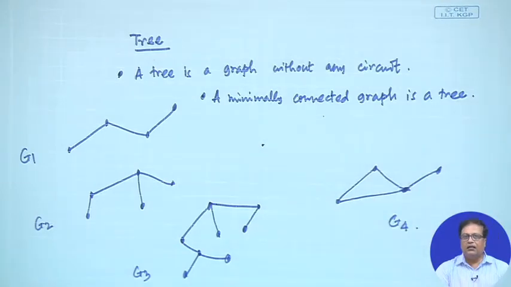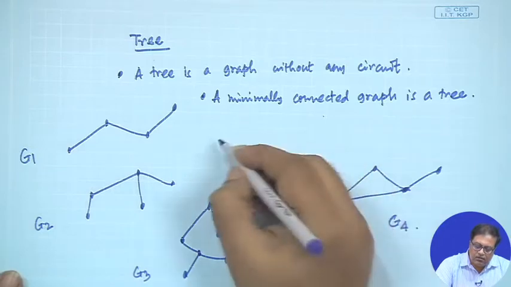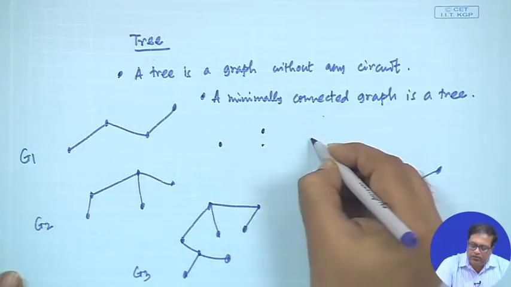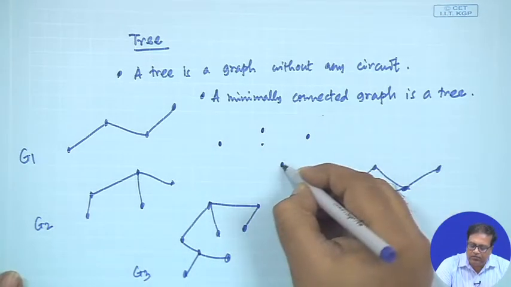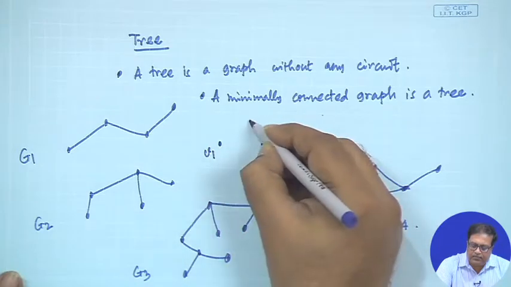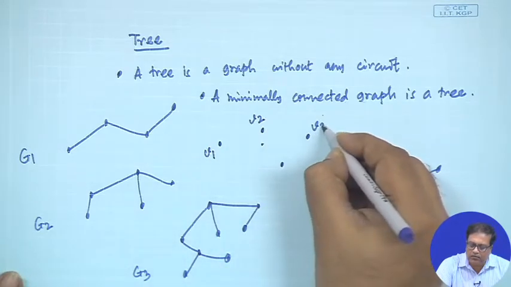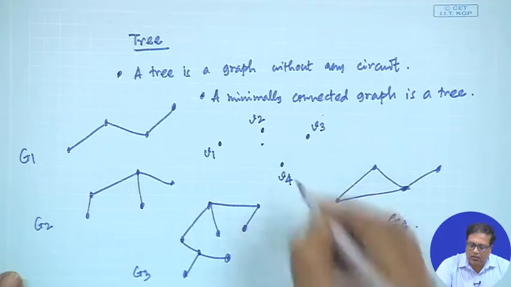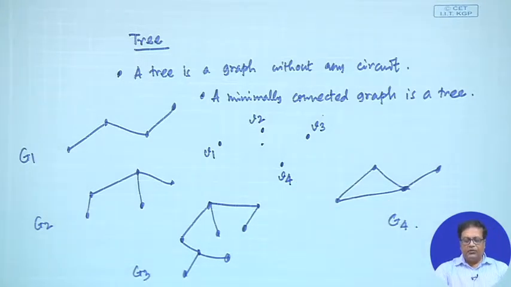Suppose we have V1, V2, V3, V4, 4 vertices, and we want to minimally connect them.